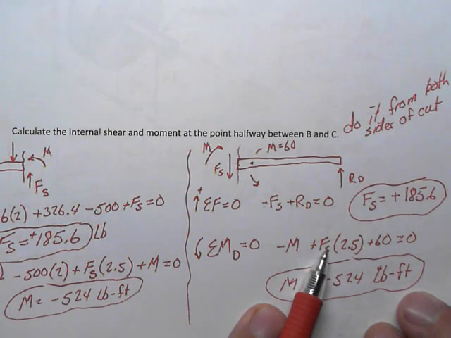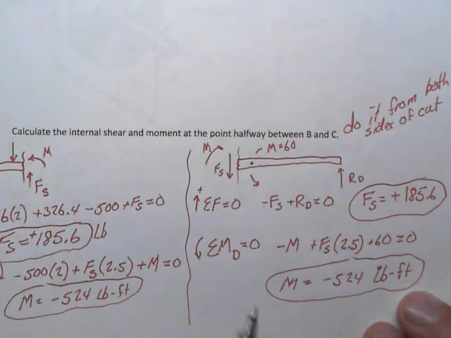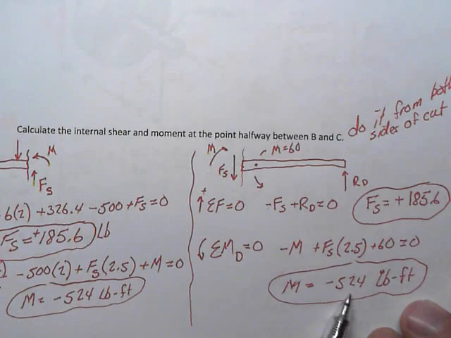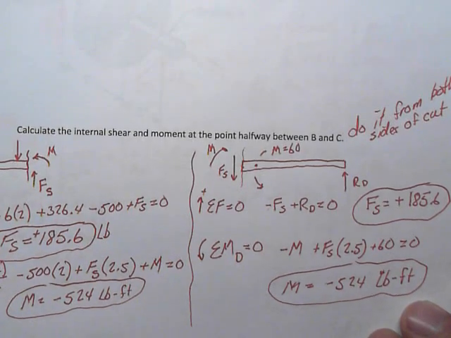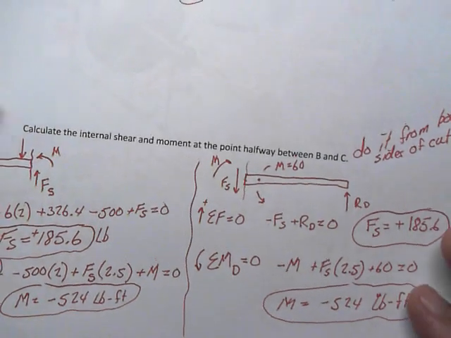Plug in a shear force of positive 185.6 and solve for the unknown moment and get a net moment of negative 524 pound-foot. That's problem 2.